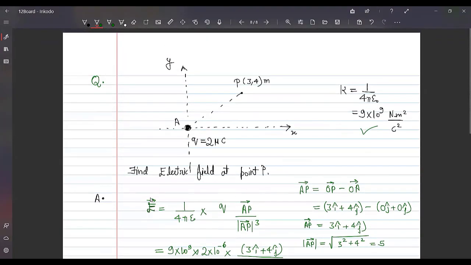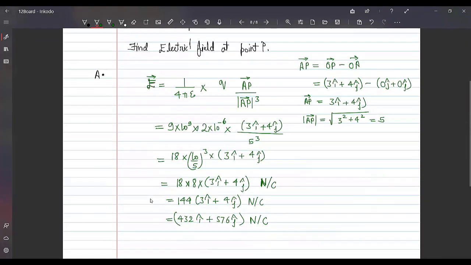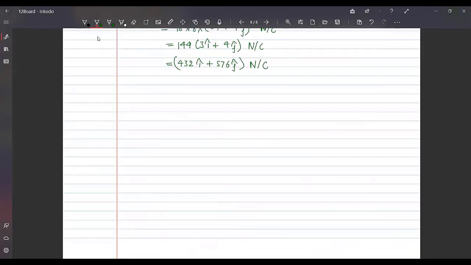Okay. Here there was a single charge. Suppose we have two charges. The first charge is, let us say, Q1. The second charge is Q2. I'll give the value of Q1 as 5 microcoulomb and Q2 as minus 5 microcoulomb.